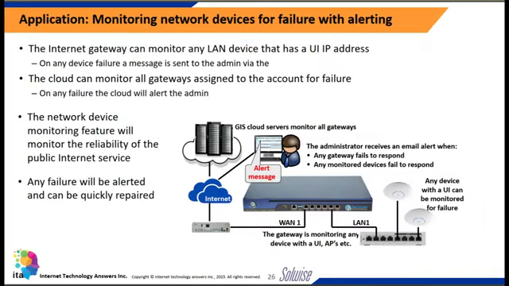Monitoring devices for failure. I mentioned the ability to monitor devices. If a wireless access point fails, you don't know it's just failed. All you know is that your computer's maybe getting slow connecting. The internet connection is slow, and the reason is because one device fails, your computer switches over to another wireless access point further away, with more people connecting to it.